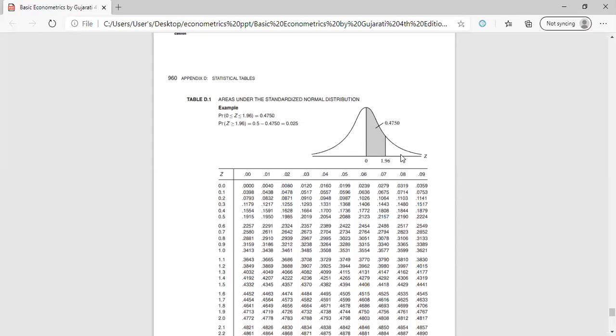How do you find the rest of the area? We have to subtract 0.5 minus the value, 0.5 minus 0.4750. That is the probability that Z is bigger than 1.96. This area. See, here Z is bigger than 1.96. Okay. Any other questions?